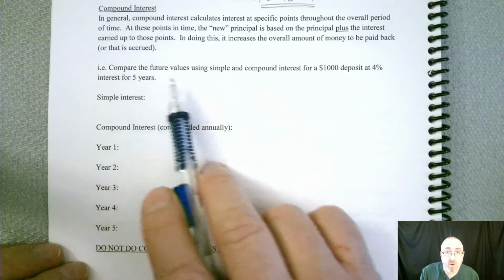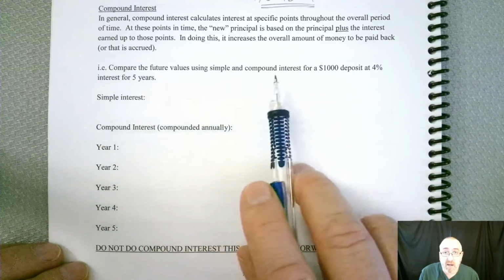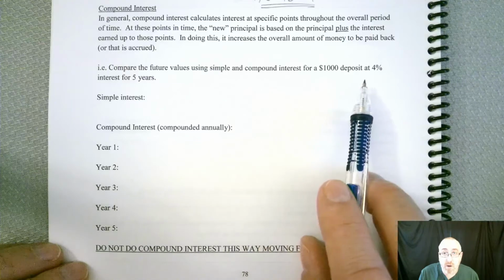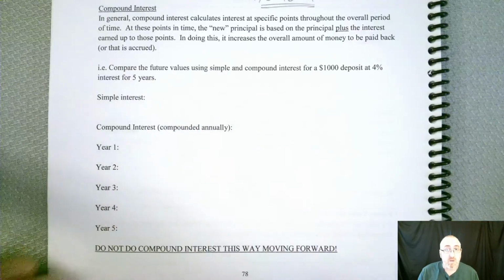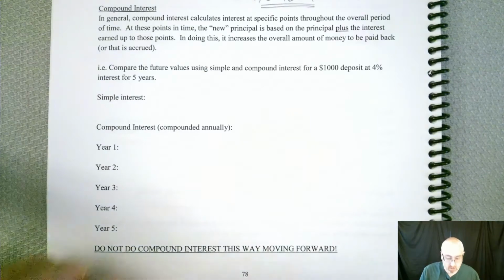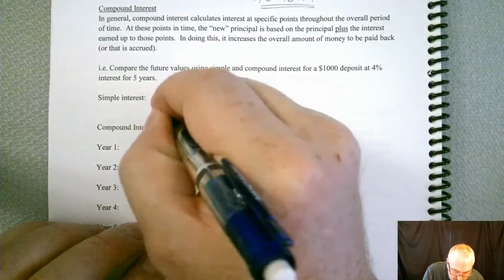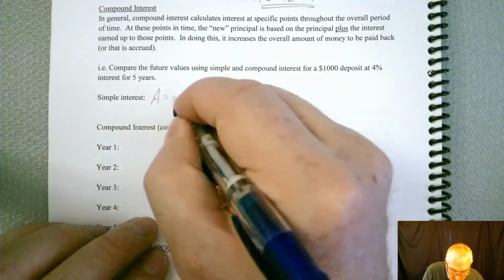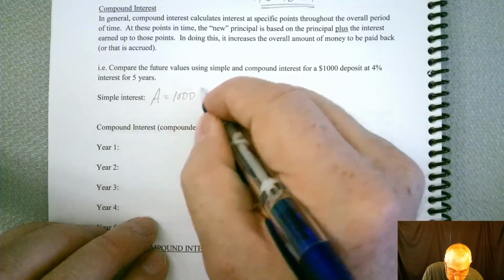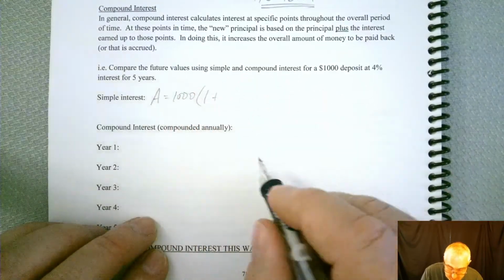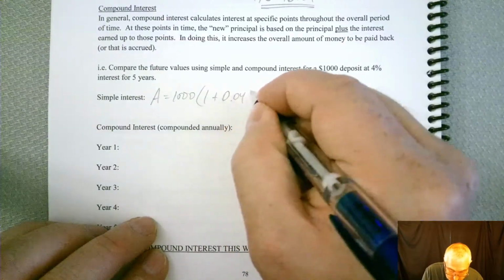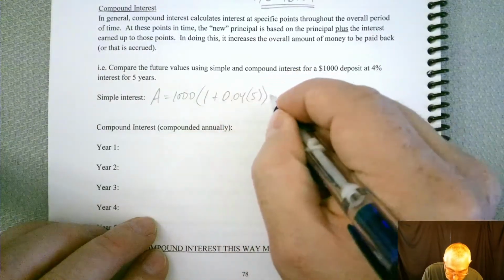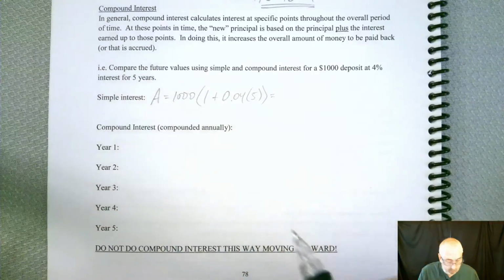So compare the future values using simple and compound interest for a $1,000 deposit at 4% interest for 5 years. So again, we want to look at those future values. So we got A is equal to the $1,000 times 1 plus RT. So 0.04 times 5, and let's see what we get.